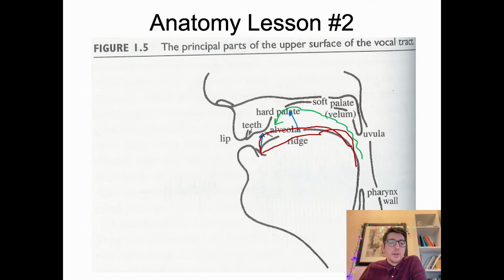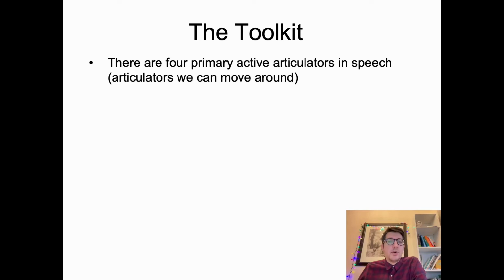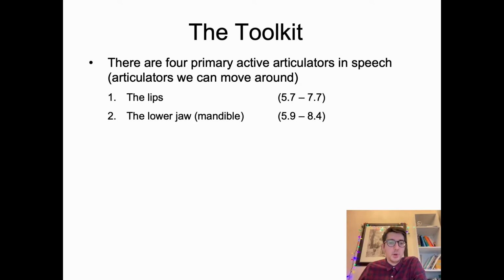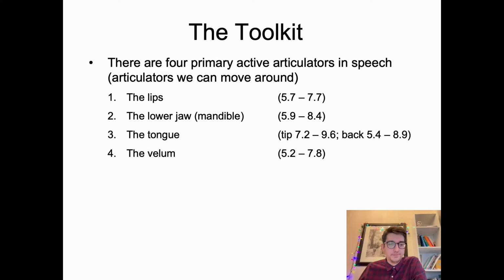understand. All right. Now, as I said, there are four primary active articulators in speech. Articulators we can move around: the lips, the lower jaw or mandible, the tongue, and the velum. These numbers here to the right describe the speed with which these are moving, actually. The tongue is the winner, of course. The speed of the tongue is huge.